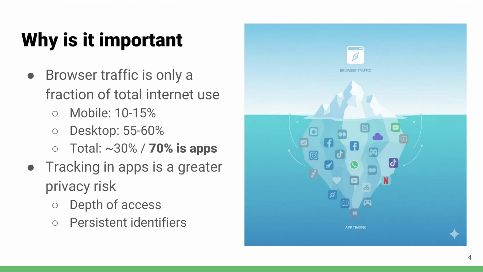The other 70% is from apps. And that's where the real privacy challenge lies. Tracking inside apps is often far, far more invasive than on websites. Apps can access more personal data, interact directly with device resources, and use persistent identifiers that websites just cannot use.